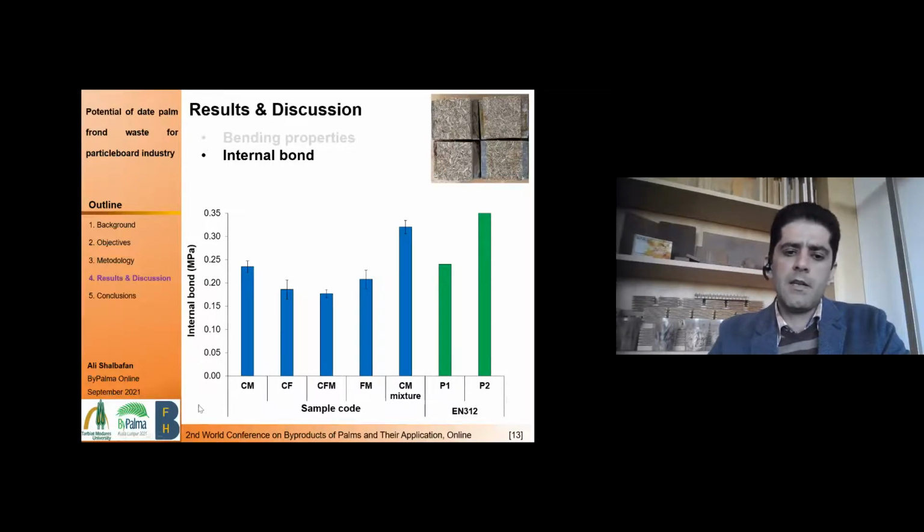The panels produced by the drum chipper hammer mill method showed better results compared to the other particles. And also I can say that the panels produced by mixing with wood particles showed very good internal bond values, which were already close to the standard values for conventional particle boards.